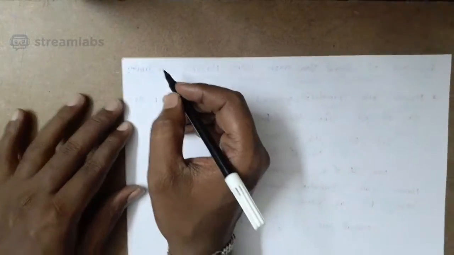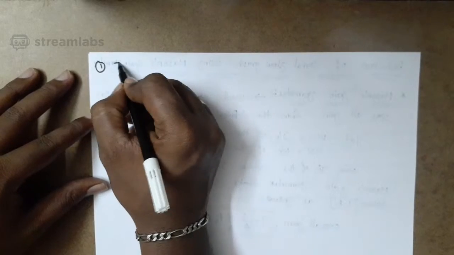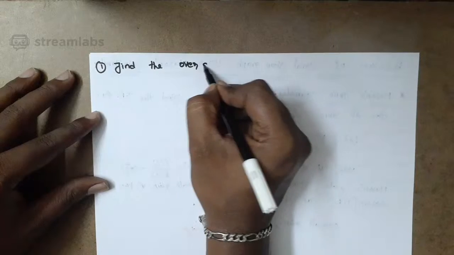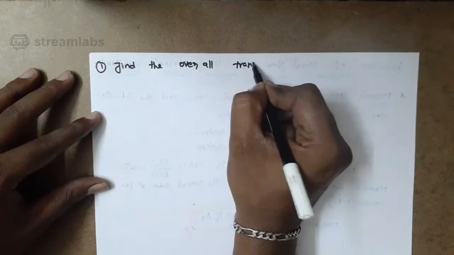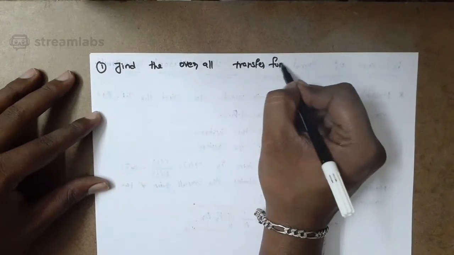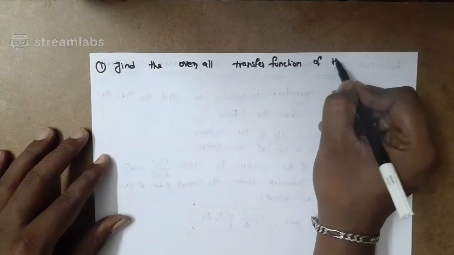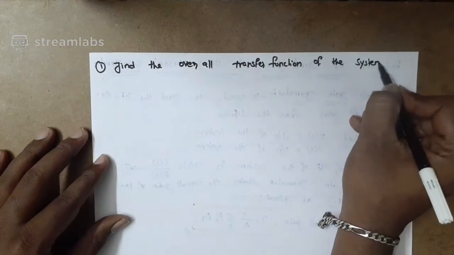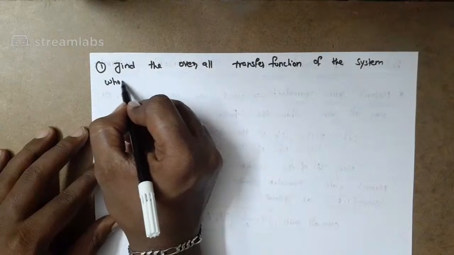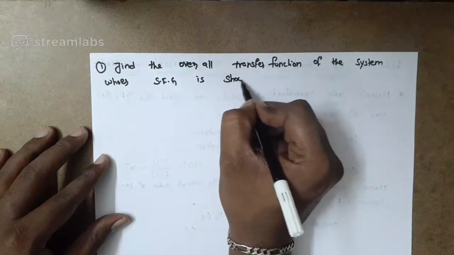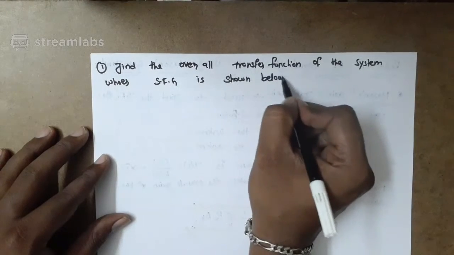Now we're going to see the formula. Find the overall transfer function. First problem: find the overall transfer function of the system whose signal flow graph is shown below.